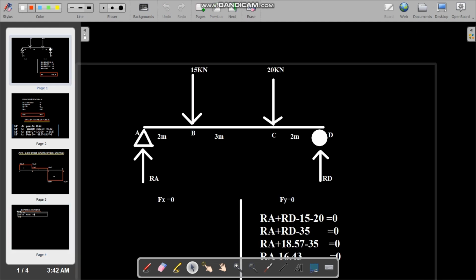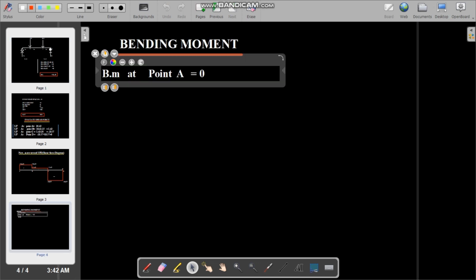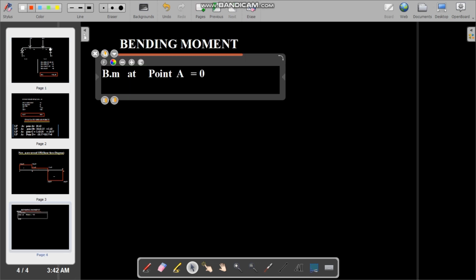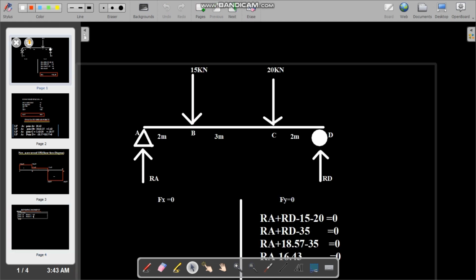So the bending moment at point A is 0 because there is no distance. We have RA, and if we have RA and no distance, then RA multiplied by 0 is equal to 0. Bending moment at point B.